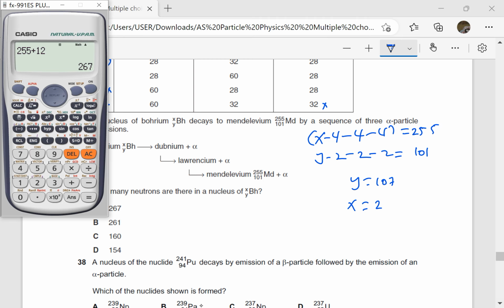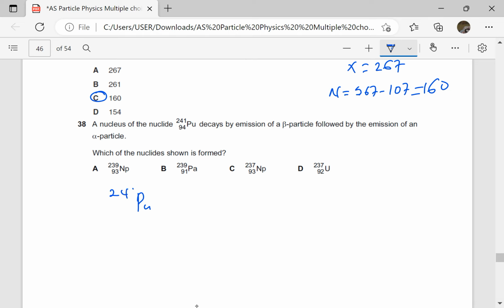A nucleus of the nuclide plutonium decays by emission of a beta particle followed by the emission of an alpha particle. Which of the nuclides shown is formed? So you see, this is a question we have just answered. So Pu-241, 94, decays by emission. Let's say it gives us X plus beta, which is 0, -1. So this is going to be 241, then this is going to be 95.